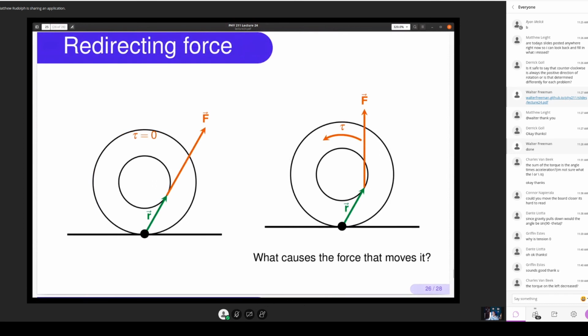Because actually we can see more in this picture from the other scenarios, right? He didn't show this one, but on the left one, if you do line the force up with the axis, you get no torque.